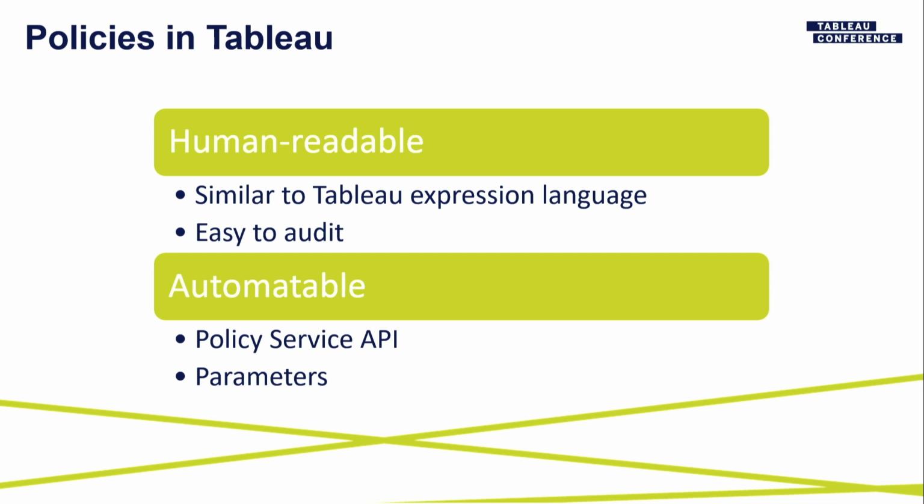And also, it's going to be important to have parameterization, because perhaps you have similar tables, but the column names are slightly different. We don't want you to have to write a different policy just to have a slightly different name, but to be able to have one policy that applies to both with just a slight parameter change of that column name. So these are some of the principles that we are keeping in mind as we design the policies.